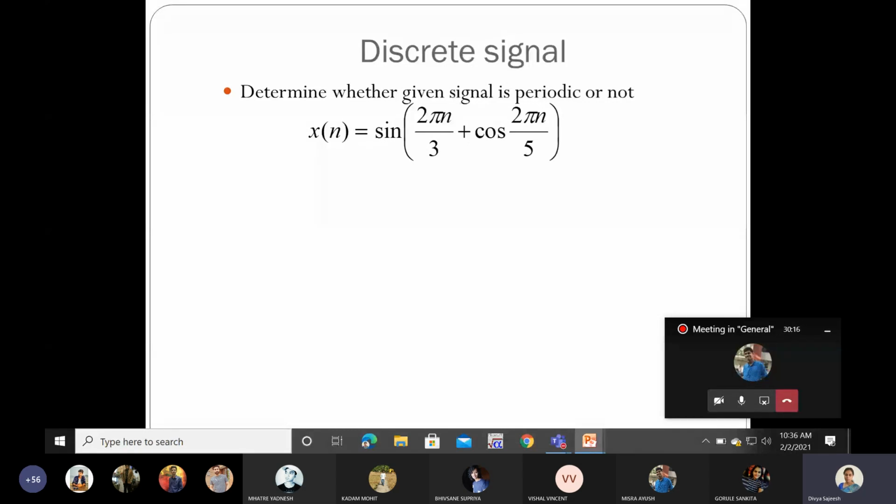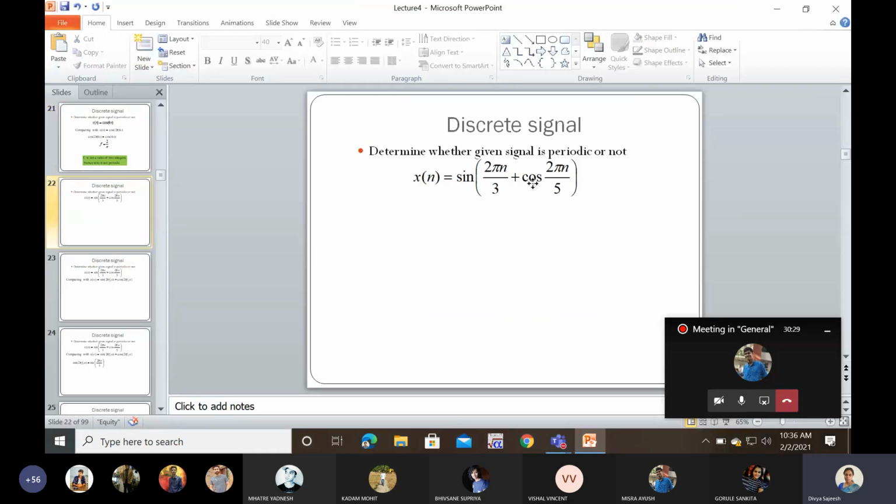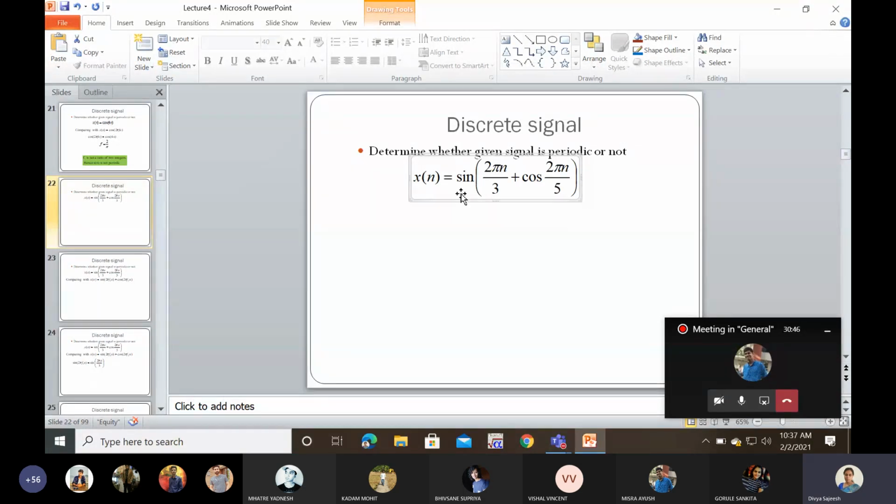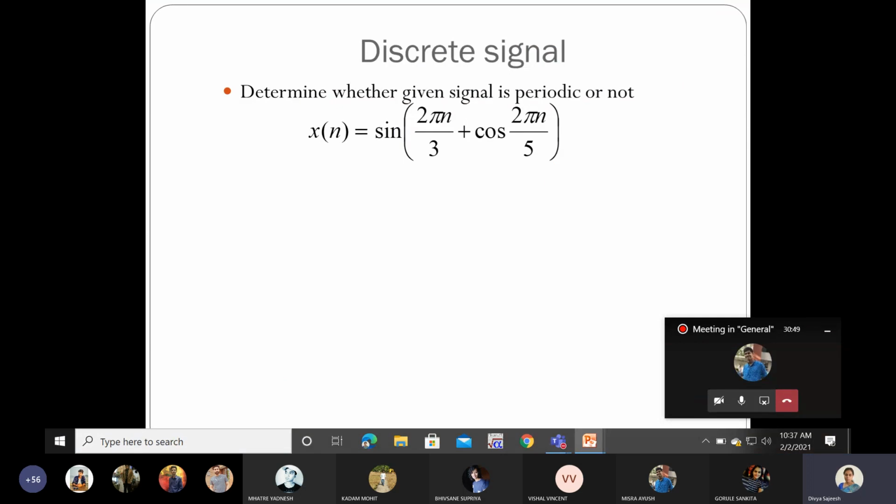It is a sum of two signals, that is, sine 2 pi n by 3 plus cos 2 pi n by 5.